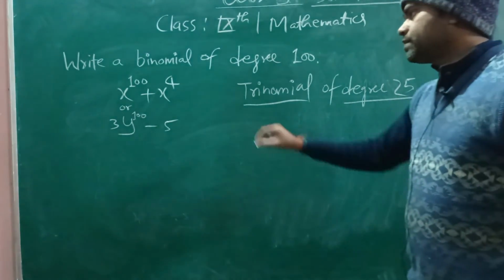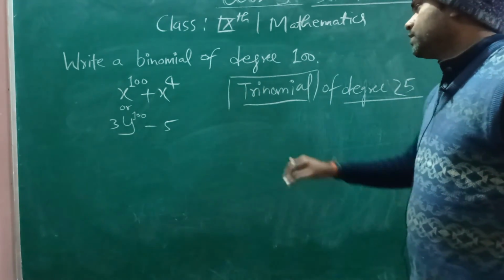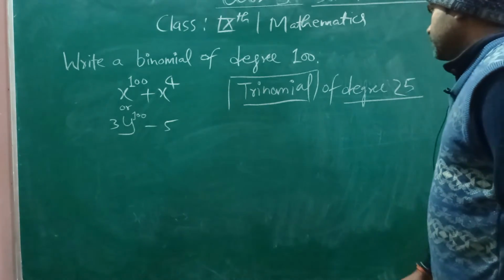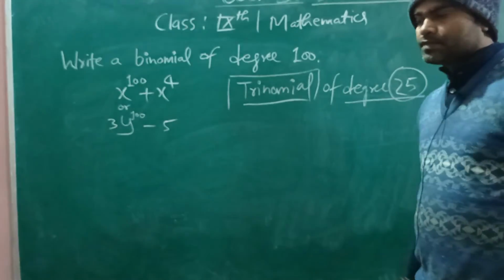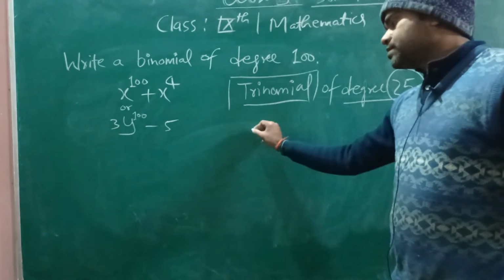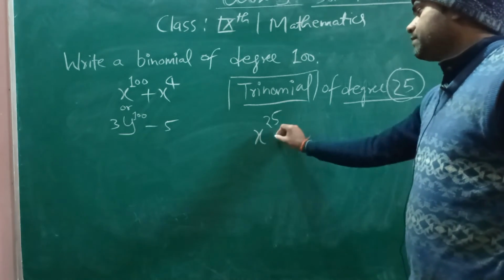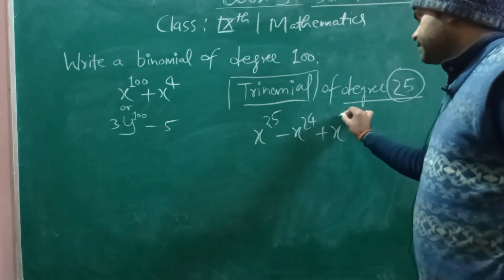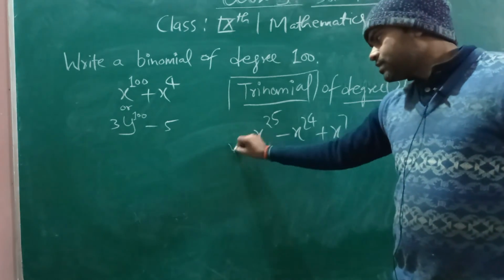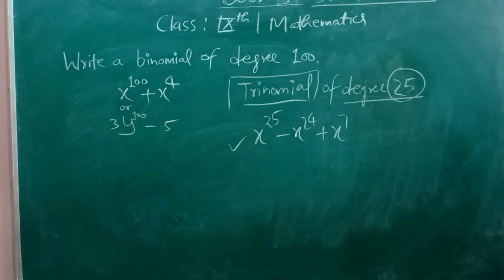So here number of terms should be 3 because we are talking about trinomial of degree 25. So we should first write x to the power 25. After that we may take any lower powers of x. This is an example of trinomial of degree 25.